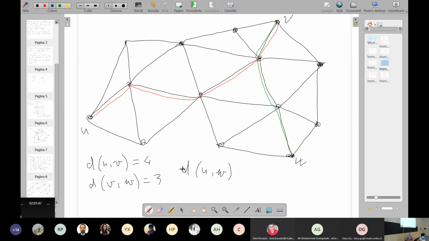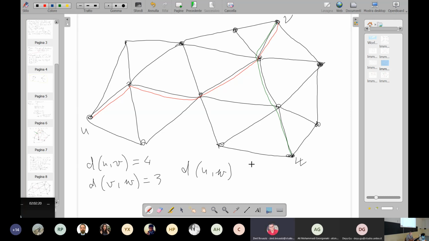Surely we can have a path, now the path from U to V has length 4, from V to W has length 3, and we have got a path of length 1, 2, 3, 4, 5. Having found a path of length 5, which is already less than the sum of 4 and 3, it is enough to say, okay, the triangular inequality is satisfied.